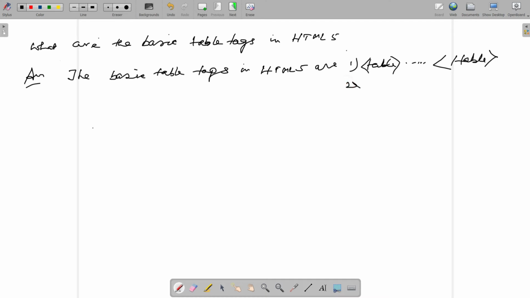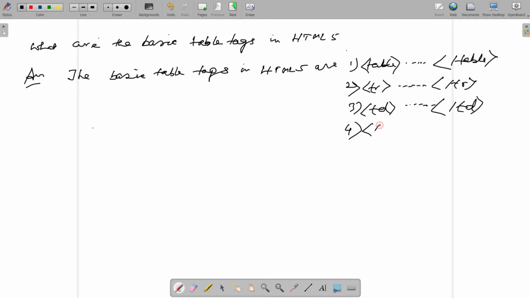Next is what? Number two is tr. This is tr, and then tr closed. All are occurring in pairs. Number three is what? TD. TD, then TD closed. Then number four is what?